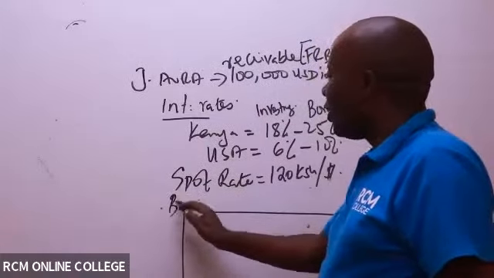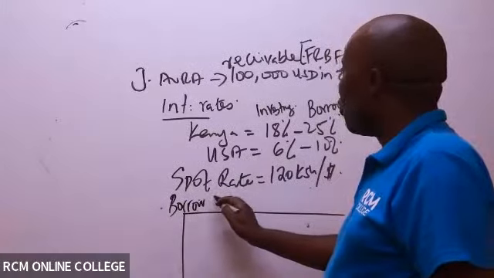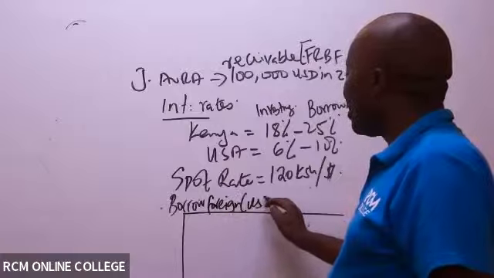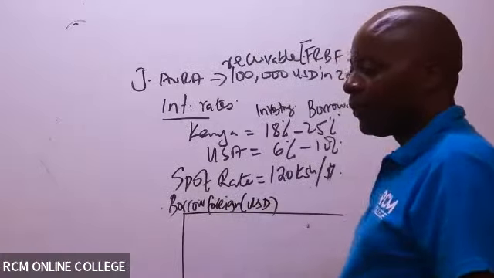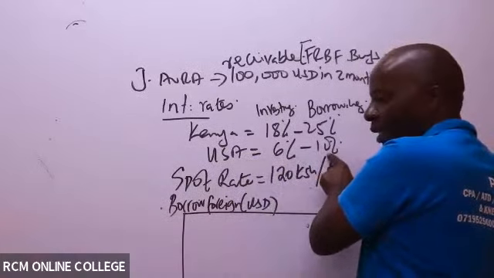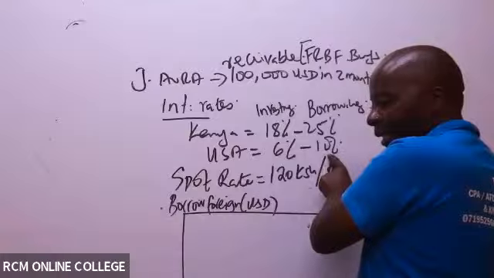So we have said we shall borrow foreign. Foreign is US dollars. So which rate are we using? 10%, isn't it?